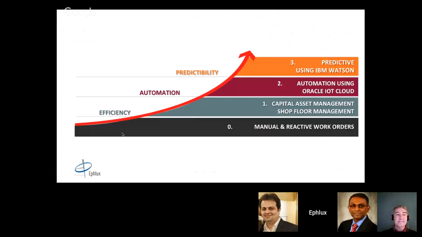It automates that process by not having to data enter values that are coming in from those equipments. But using technologies like IBM Watson and cognitive platforms, what you can actually do is create the predictability aspect. You can predict what can go wrong in the next few weeks and do something about it in a much more proactive way.